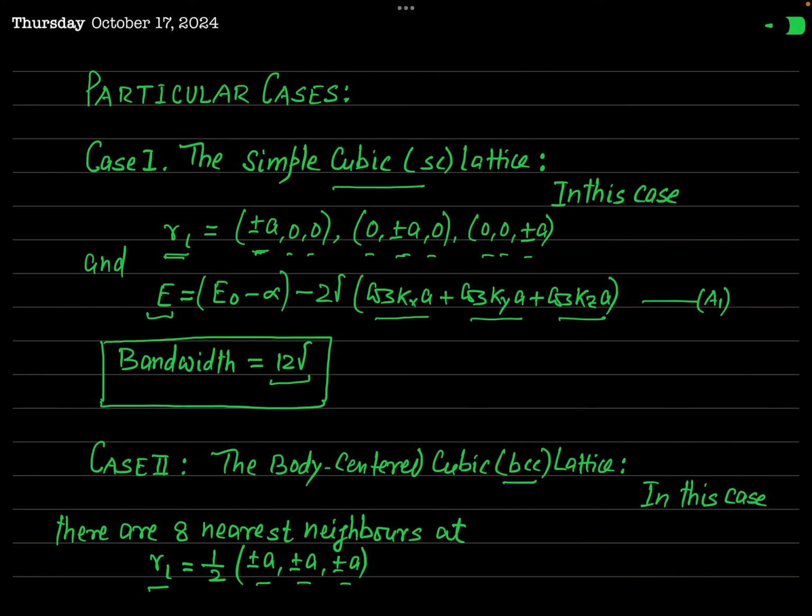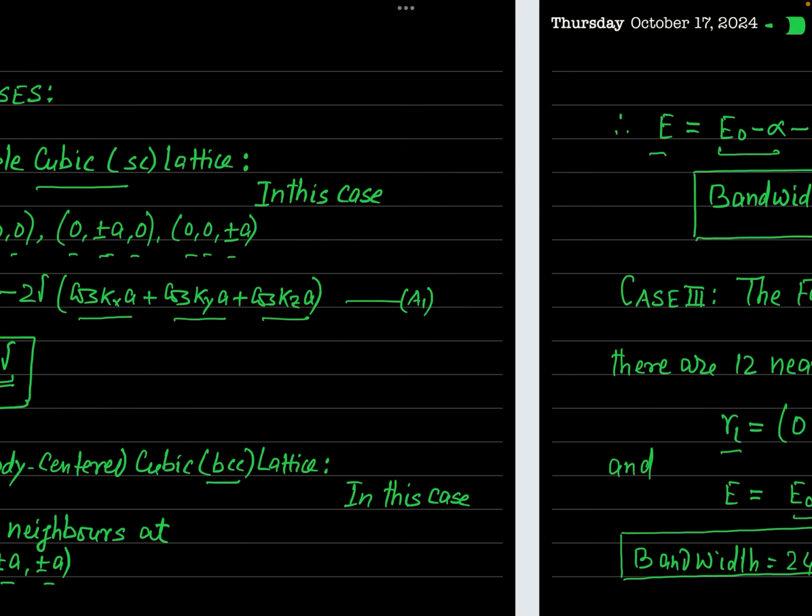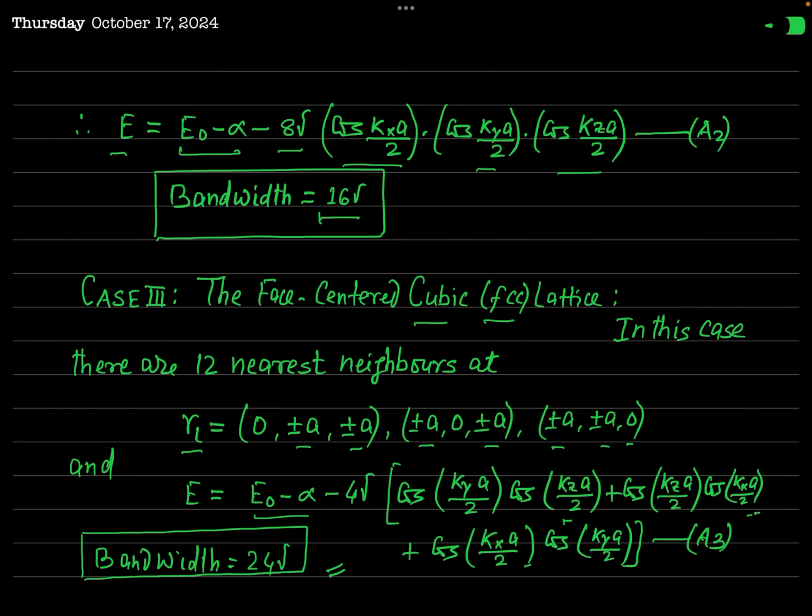So for simple cubic, what is the bandwidth? The bandwidth is 12 gamma. For the BCC lattice, the bandwidth is 16 gamma, and for the FCC lattice, it is 24 gamma. So you can see the bandwidth in this cubic lattice system is largest for the FCC lattice.